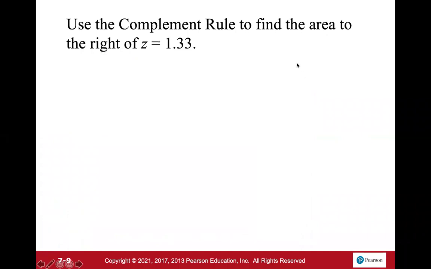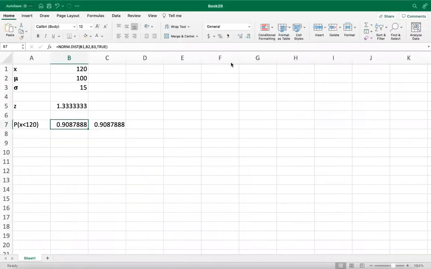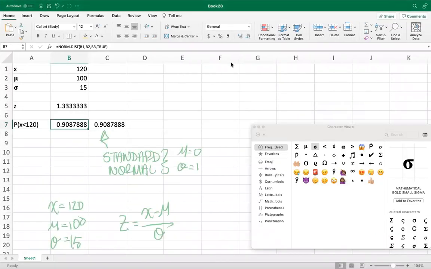And use a complement rule to find the area to the right of 1.33. So what we did here is looking at the area. We found our z-score of 1.333, and that found the area to the left of that. And notice how we put the exact same thing here.